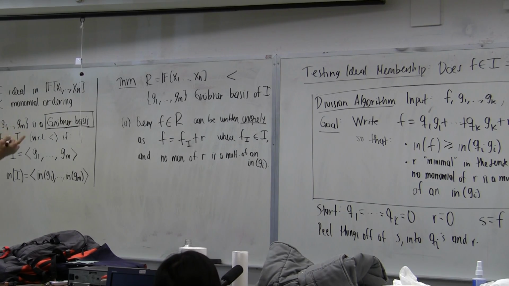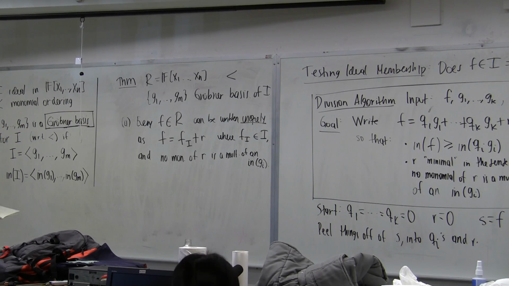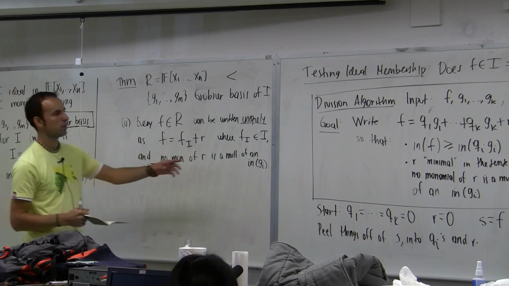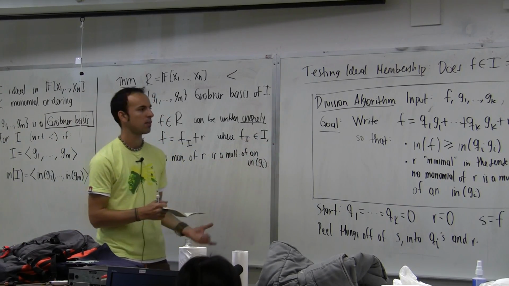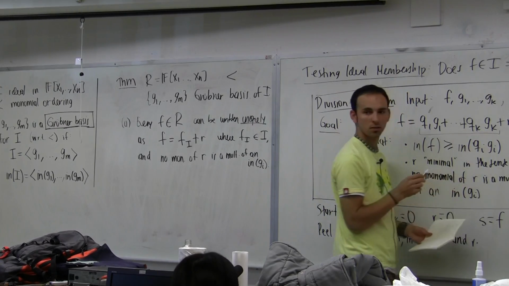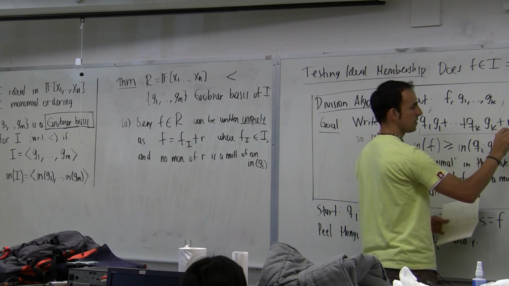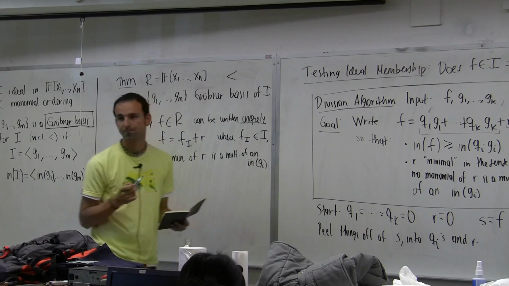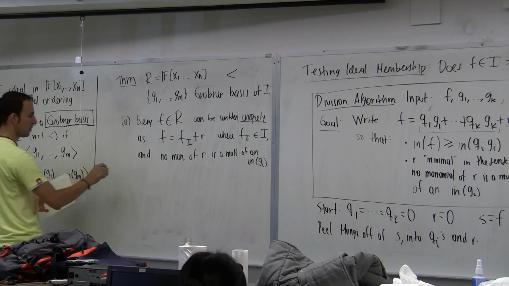In other words, what I'm telling you is that the expression that you're going to get here is unique in the sense that this part is unique, this is the fi, and this part is unique, this is the R. So that's the first thing.